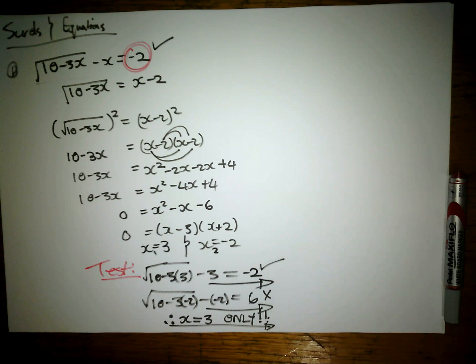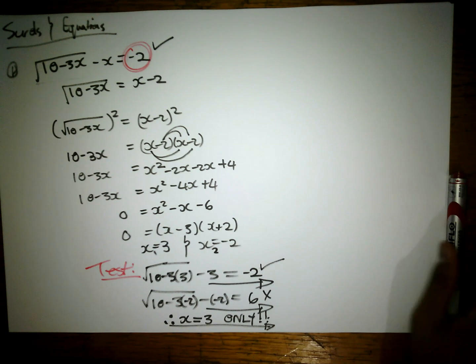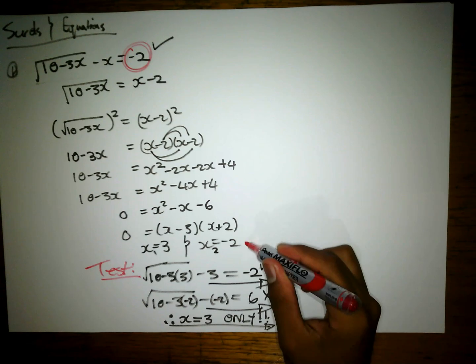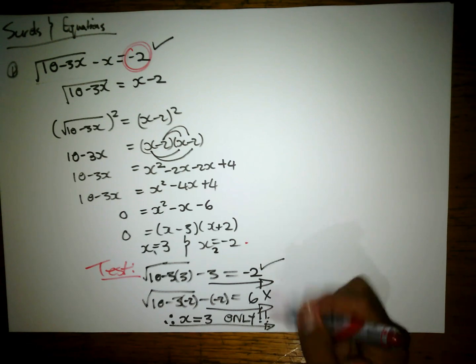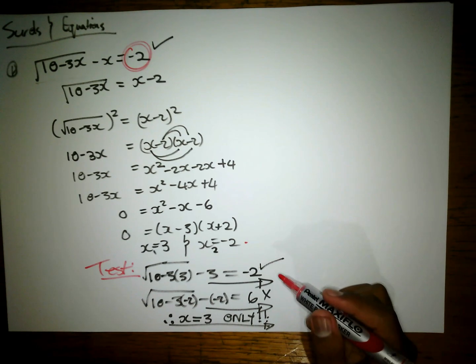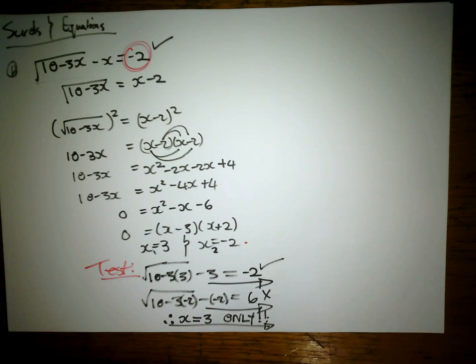Only x equals 3 will work. You can't just leave your answer like so. You have to test, see which one will work, or actually works. And that's this one, yeah.